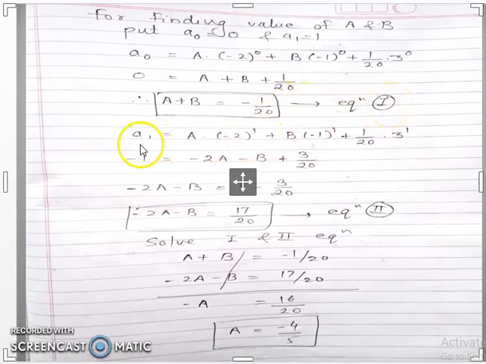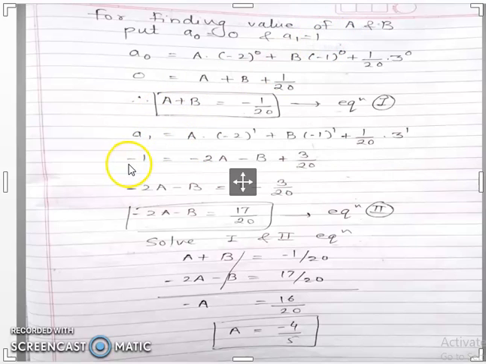Then, next we put n is equal to 1. That is, a1 is equal to a into minus 2 raised to power 1 plus b into minus 1 raised to power 1 plus 1 upon 20 into 3 raised to power 1. Then put the given value of a1, 1, in that equation.